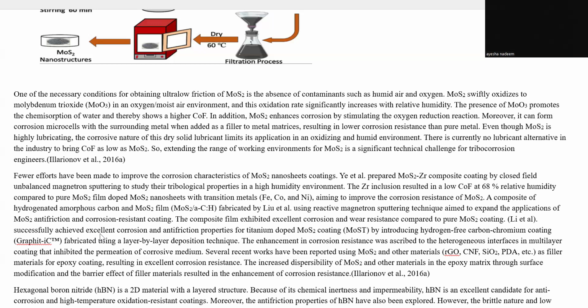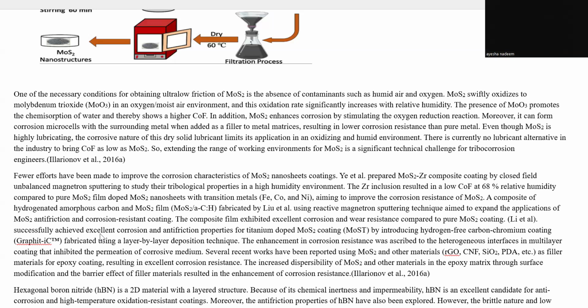By introducing hydrogen-free carbon chromium coating fabricated using a layer-by-layer deposition technique, the enhancement in corrosion resistance was ascribed to the heterogeneous interfaces in the multi-layer coating that inhibited the permeation of corrosive medium.